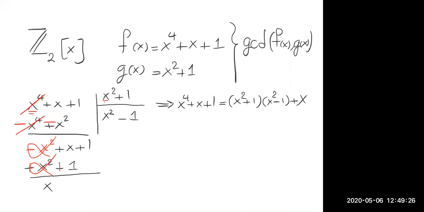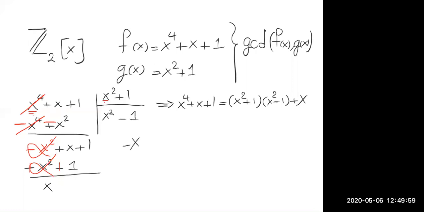In Euclid algorithm, why didn't you switch minus x squared? Where do you mean? You mean why didn't I change the sign? Yeah, I got minus x squared, but it doesn't matter.